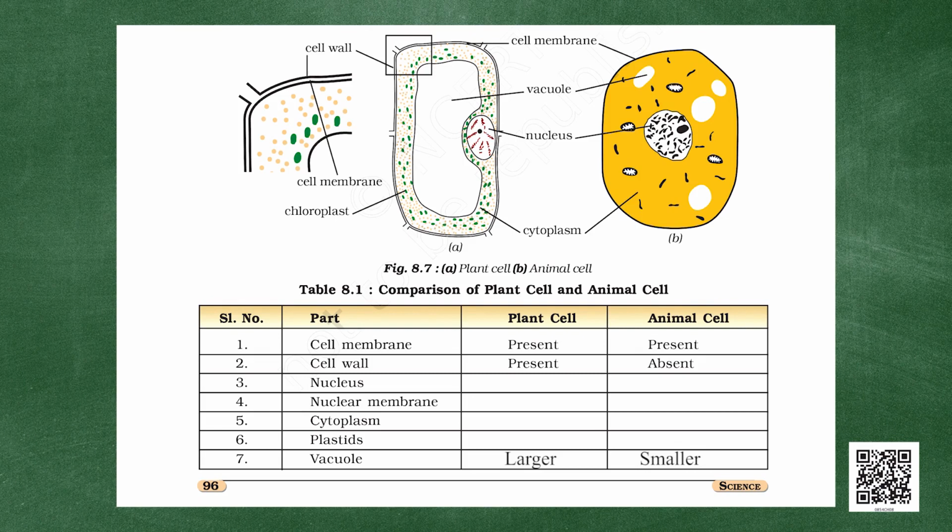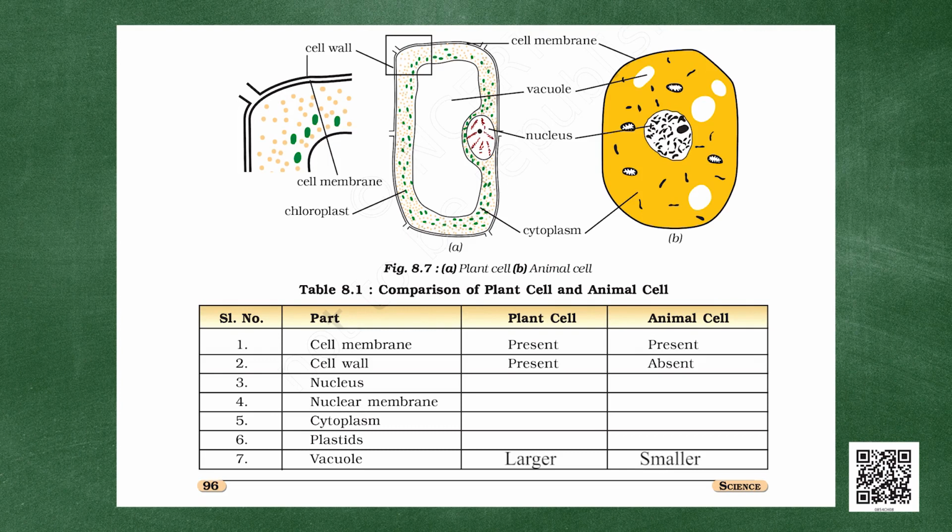In plant cell, it covers almost 90% of the cell, and in animal cell, the vacuoles are 2 to 3 in number, and they are always smaller in size when compared to the plant cell. Spurti, can you find out one more difference which is prominent?